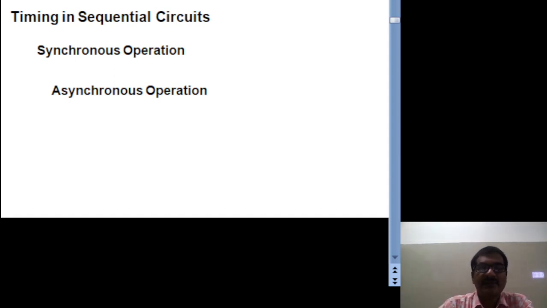So today I would like to discuss sequential circuits with reference to timing. With reference to timing, sequential circuits can operate in two different modes: synchronous mode of operation and asynchronous mode of operation. What is meant by synchronous?